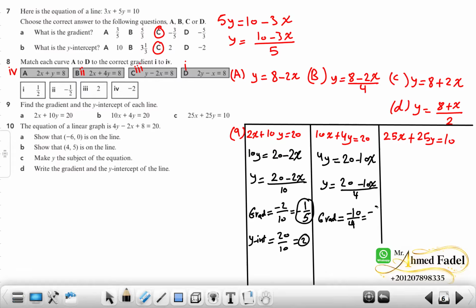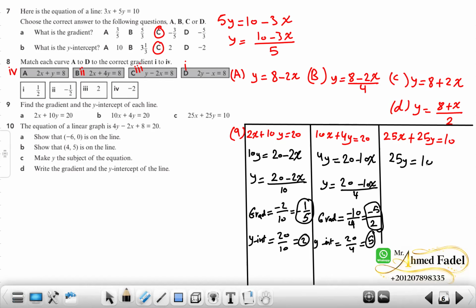Simplifying, you're going to find negative 5 over 2. You can make it into a mixed number, or you can make it a decimal. Both are going to be fine. The y-intercept is 20 over 4, which is 5. Here is the y-intercept. Here is the gradient. Let's do this one.